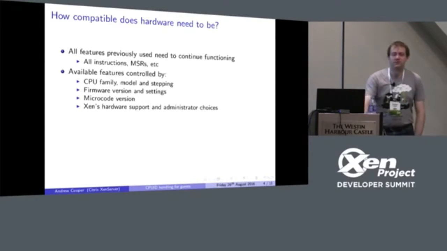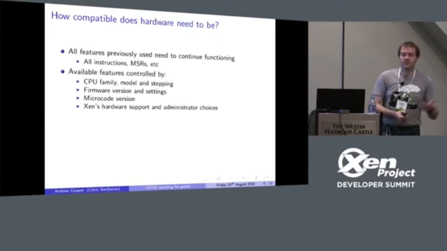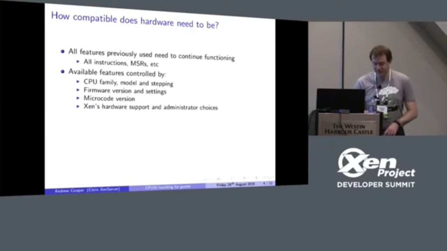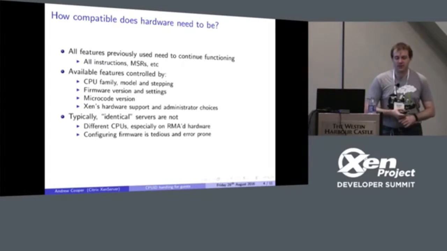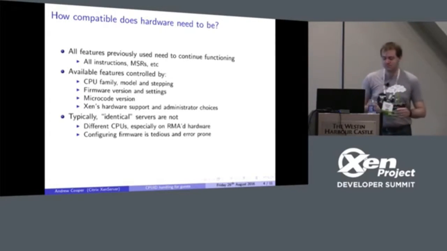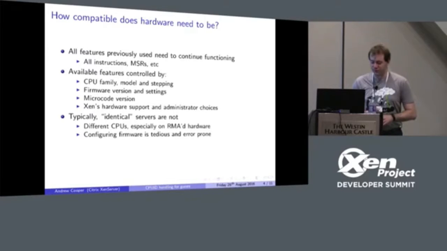And there's a whole lot of choices you can boot Xen with to enable or disable certain features. As a result, the choices available are quite complicated and not very straightforward.